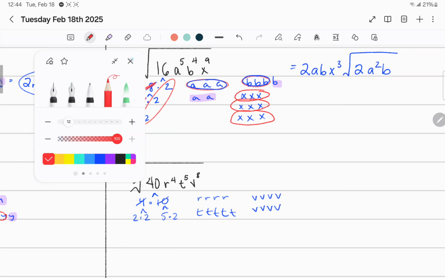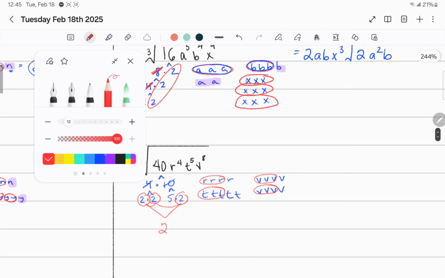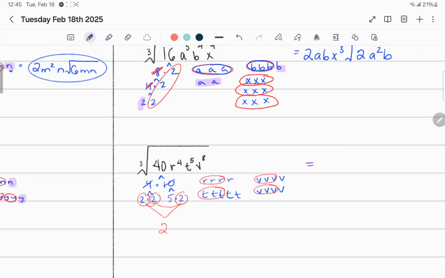Okay, again, I need groups of 3. So I have 3 2's. I do have 3 2's, but remember they come out as a single 2. I have 3 R's, 3 T's. Okay, so I have a group of 2.